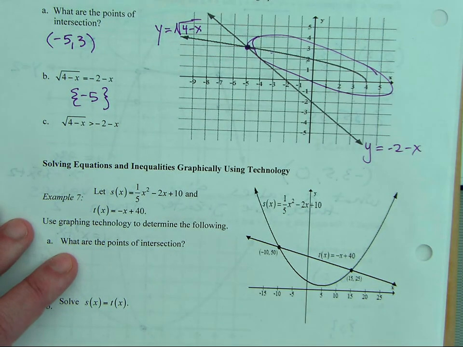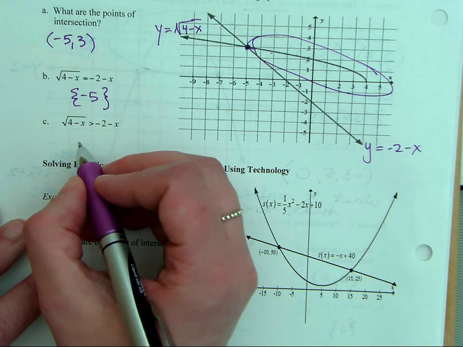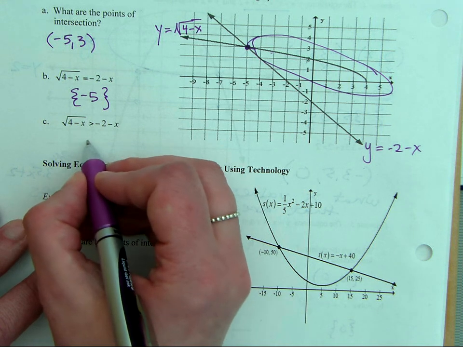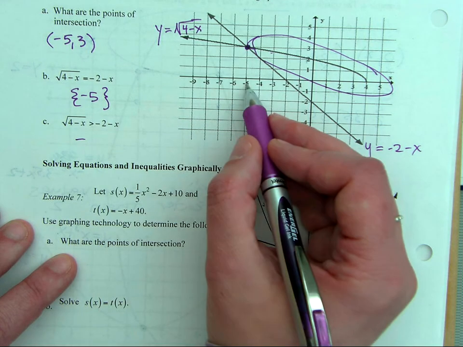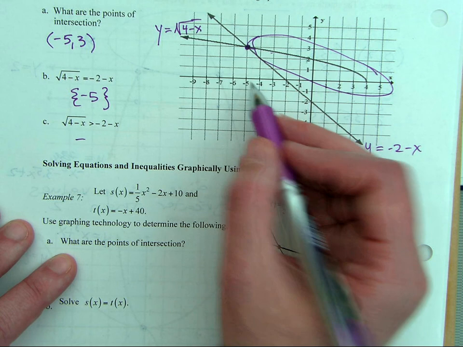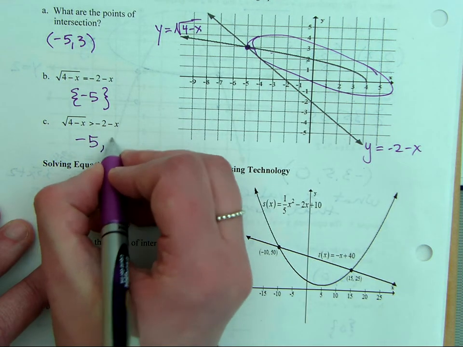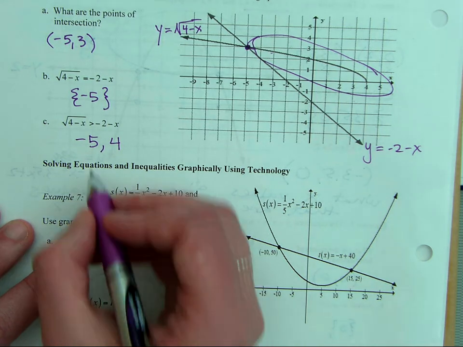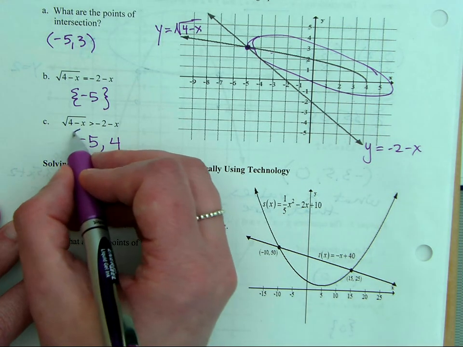What interval would you put? So isn't this from negative 5 to 4? And would we include the negative 5? No, because that's where they're exactly equal, so we're putting parentheses.